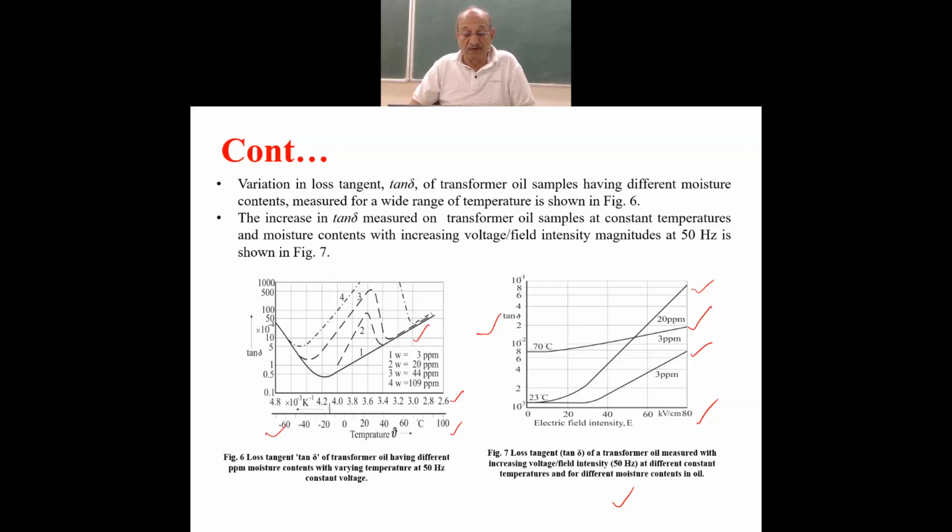So suppose the gap distance is 2 millimeter, so something like one fifth of it. So you can say something like 16 kV has been applied on it for 2 millimeter gap distance in uniform field. You cannot directly convert into voltage.